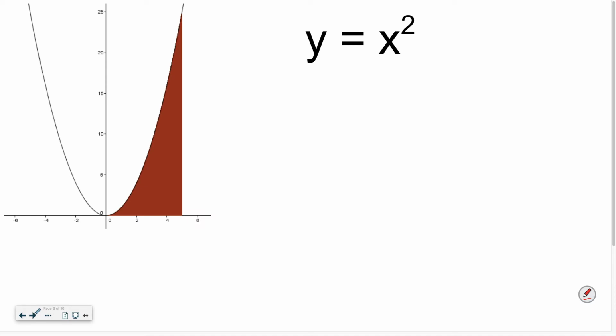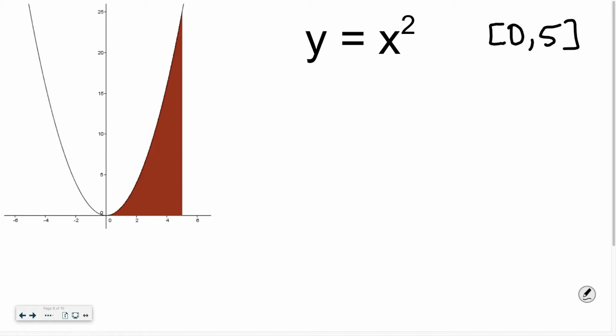So, example number 1 of 2. Y equals x squared. And we're going to be on the interval from 0 to 5. So, I have a picture of what we're finding. If we're talking about y equals x squared, here's my parabola.